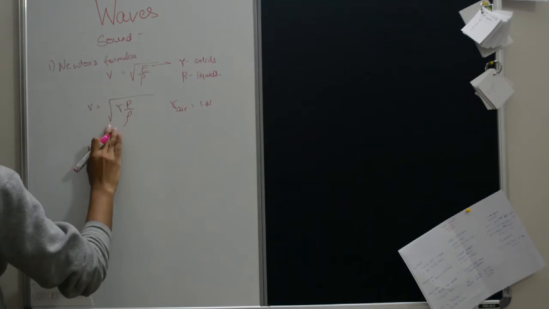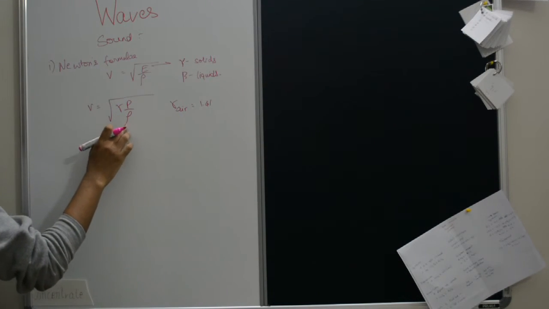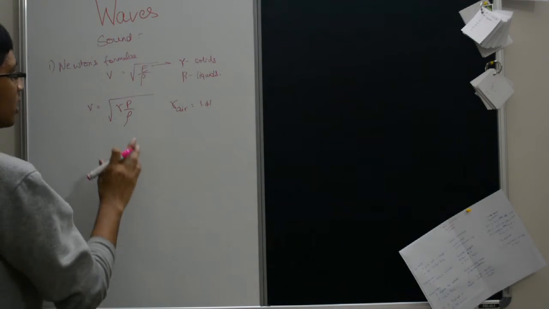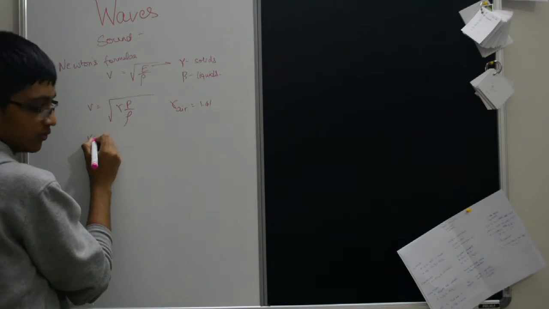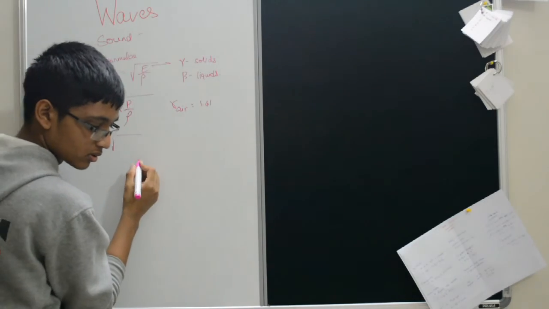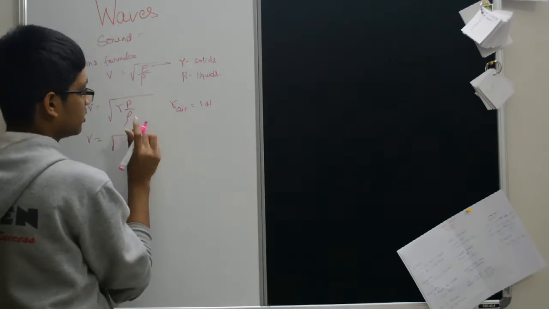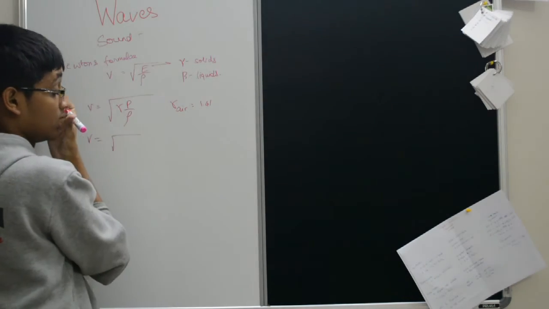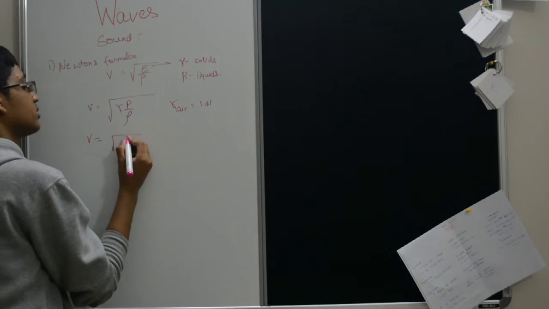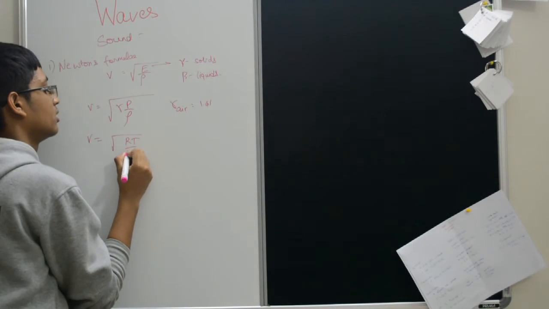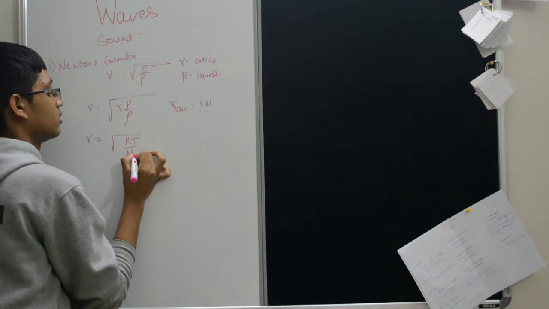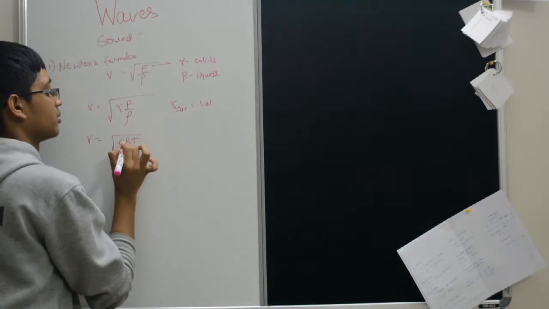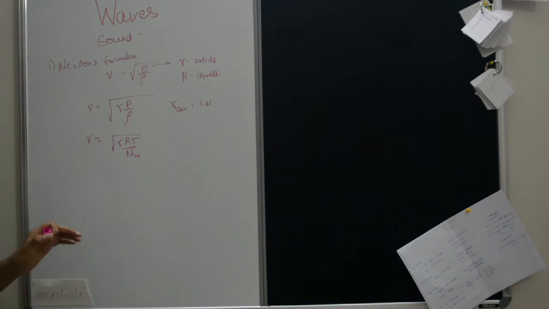Now if you put this value and the values of pressure and density, you will get the required equation. Another form of this is v = √(γP/ρ), with ρ = M/V, so you get PV/M, which is basically RT/M times γ. This is another form of the equation for the velocity of sound in air.